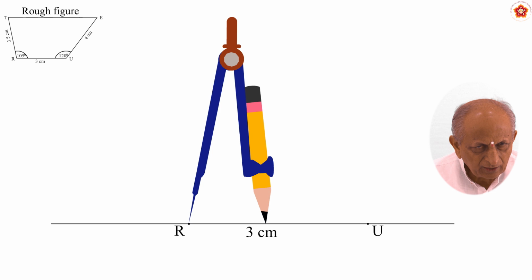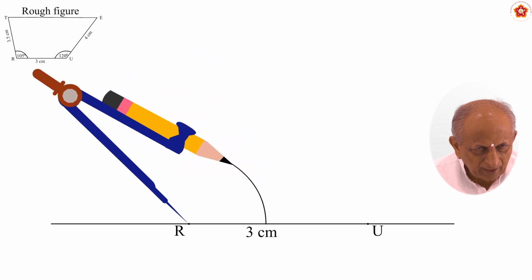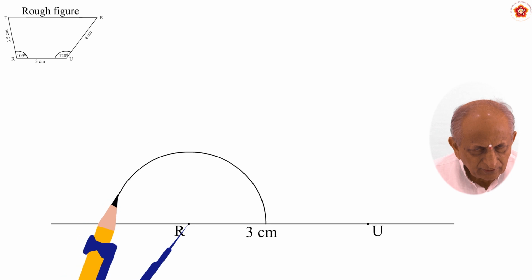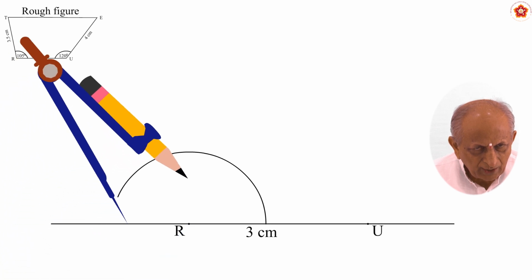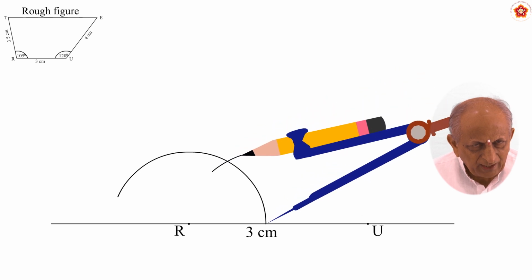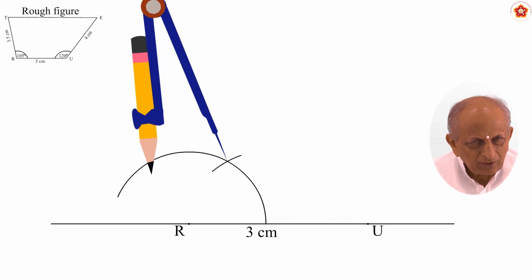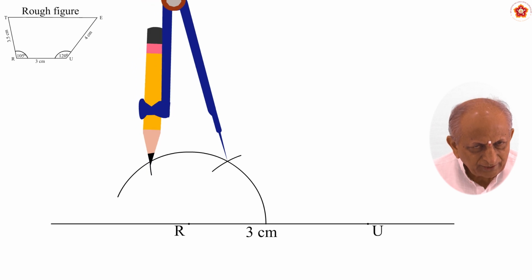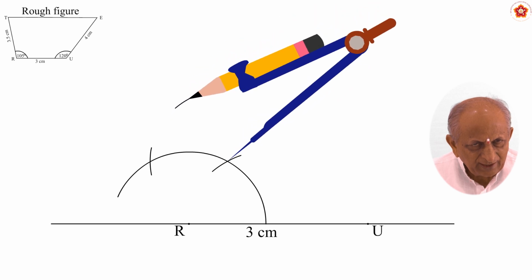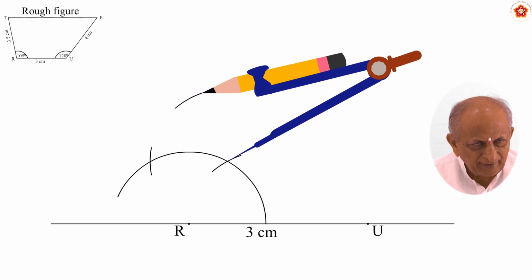Draw an arc of convenient radius from R. With the same radius, draw 2 more arcs, and then, as we had done last time, draw 2 more arcs to cut each other. What are you doing now? We are constructing an angle of 105 degrees.